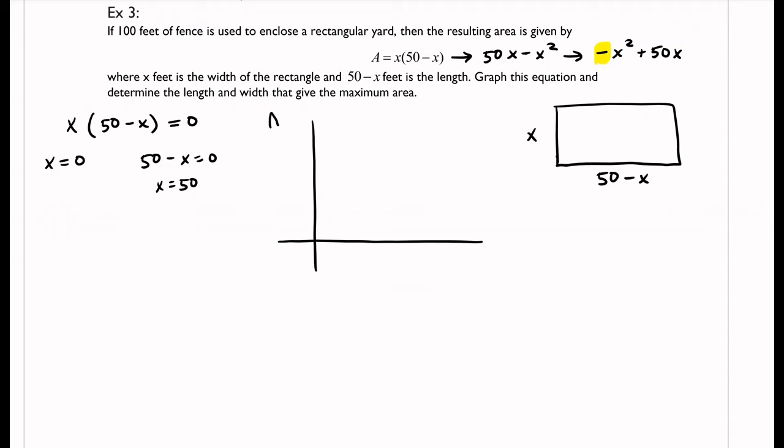So the y-axis or the vertical axis is the area. And then the horizontal axis is the width of the rectangle in feet. And the area is in square feet.